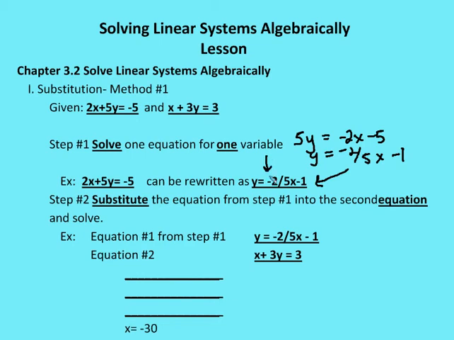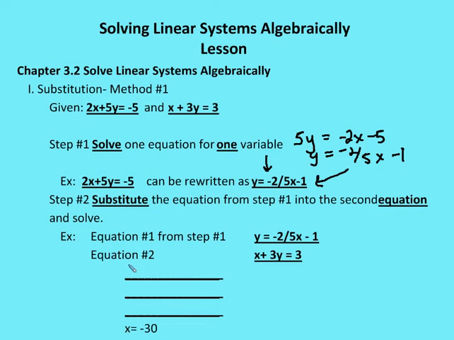Then we use this equation and substitute the value of y into the second equation, which is x plus 3y. So we substitute negative 2/5 x minus 1 in for y, and then we solve for x in that particular expression. So we have y is equal to negative 2/5 x minus 1, and we have x plus 3y is equal to 3.